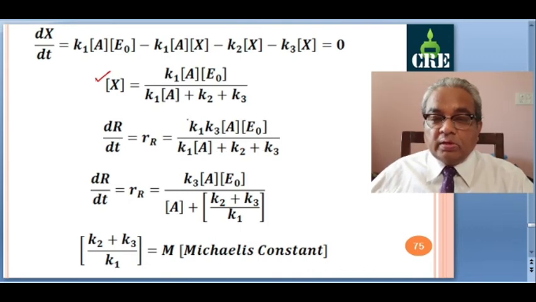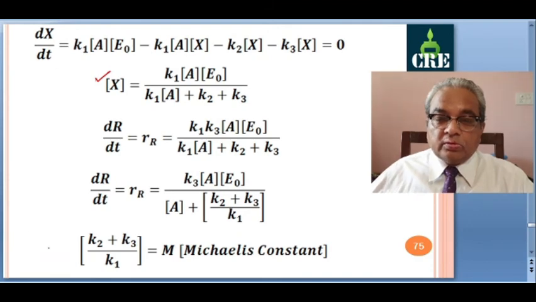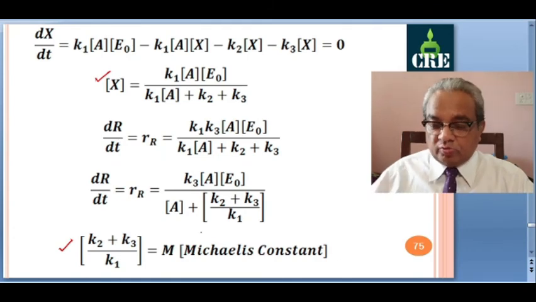If I divide by K1 in the numerator and denominator, K1 goes, and we are left with K3 concentration of A into E0, and here K1 cancels out. This we combine and divide by K1, so K2 plus K3 by K1 is another constant. This is the equivalent form of the Michaelis constant.